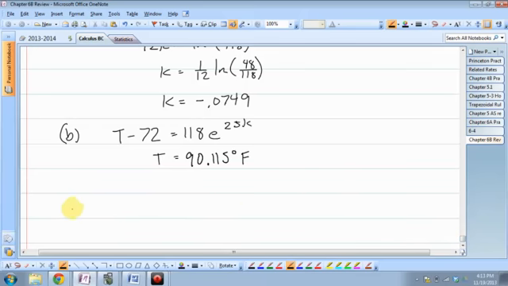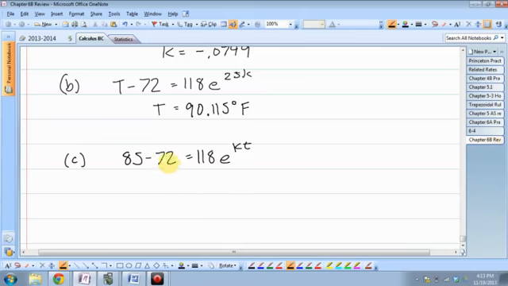C. At what time will T be equal to 85 degrees? 85 minus 72 equals 118 e to the kt. Then solve it. It's 85 minus 72, which is 13.